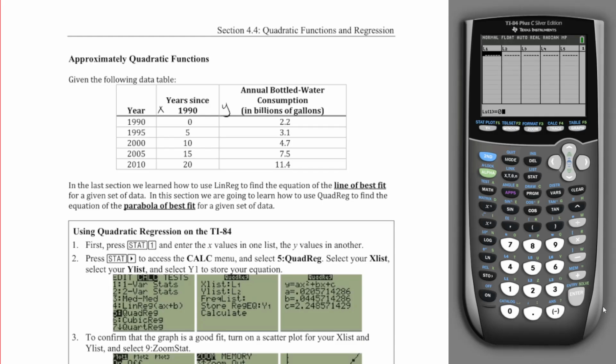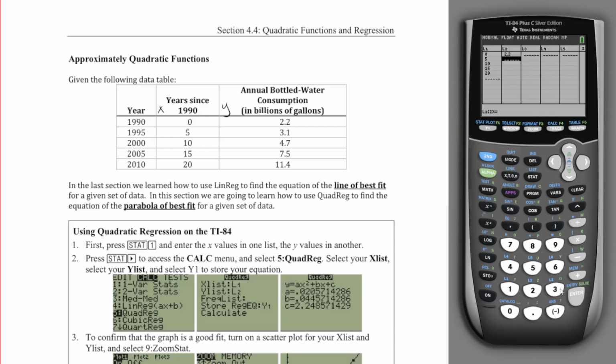So 1990, that was 0, 95, 2000, 2005, 2010, and that's where our data ends. In 1990, 2.2 billion gallons of bottled water were consumed.